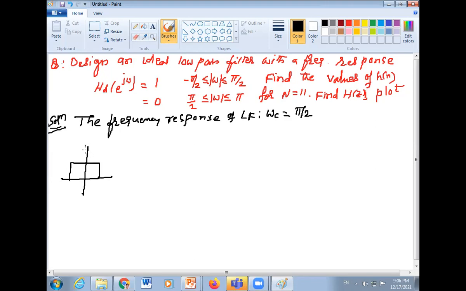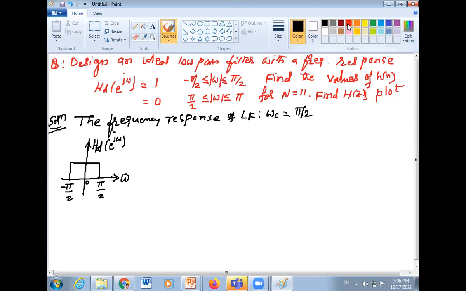It is Hd of e power j omega, with minus pi by 2, 0 and plus pi by 2 with respect to omega. So this is a graphical representation for the given response.